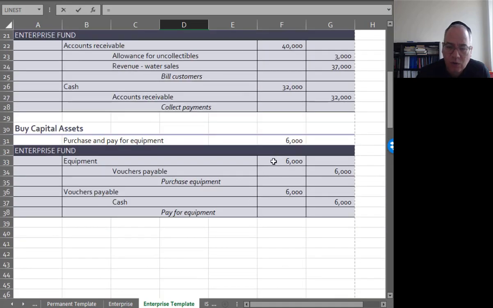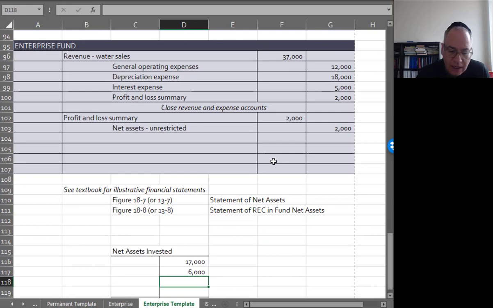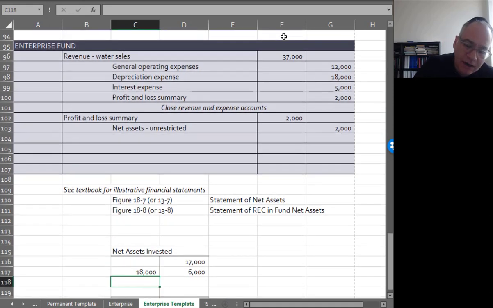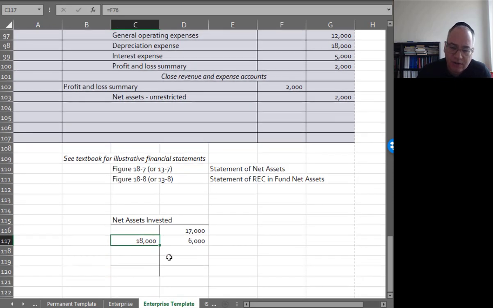There you go. I purchased equipment of $6,000. So that would increase my long-lived assets. And then I recorded additional depreciation, which would reduce the value of those assets for $18,000. So the amount of long-lived assets would go up by $6,000, but it would also go down by $18,000 because of the depreciation.